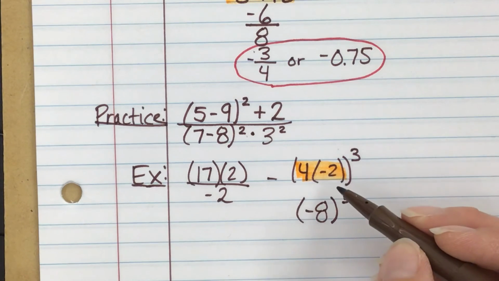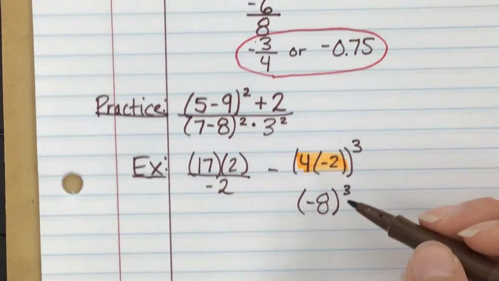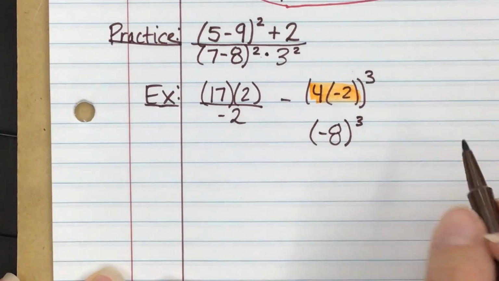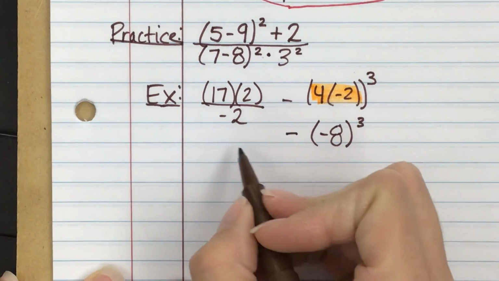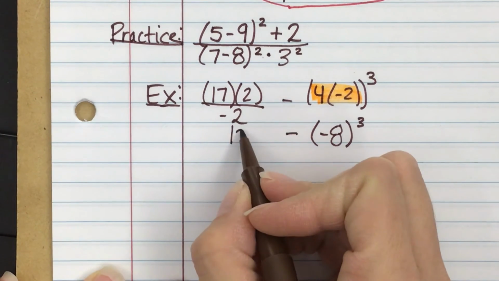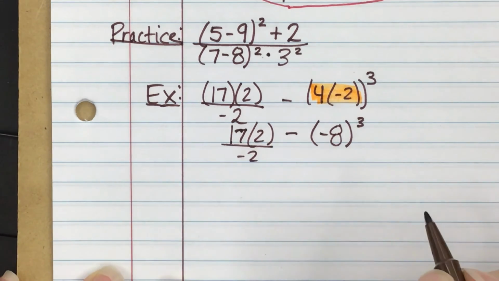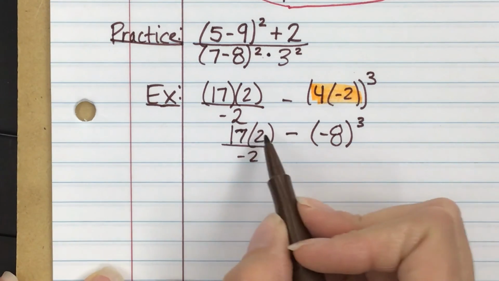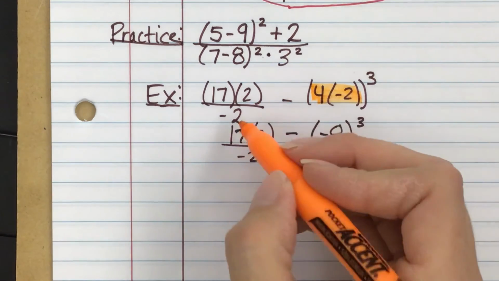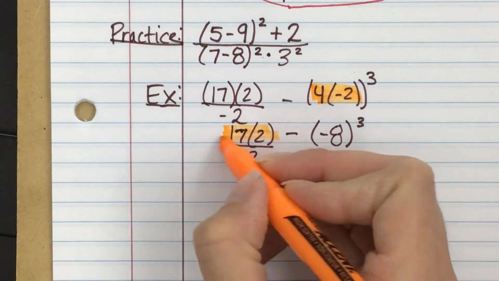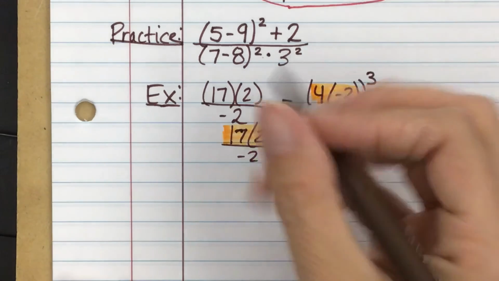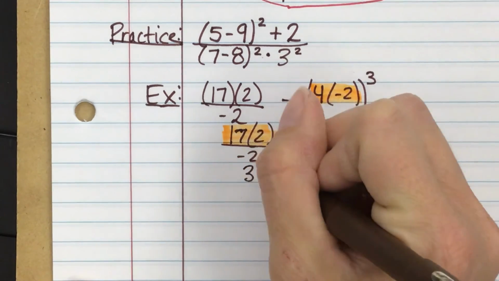Because if I drop them, it changes the meaning of it, okay? And then I'm gonna bring everything else down just like it is. Okay. Now I'm gonna do this grouping up here. So 17 times 2 is 34.